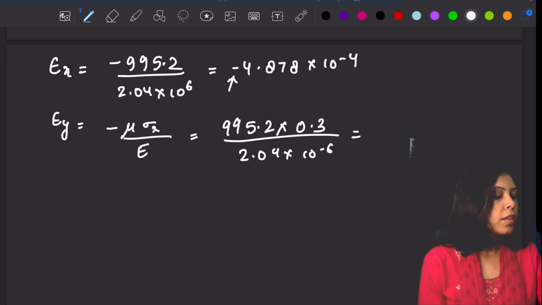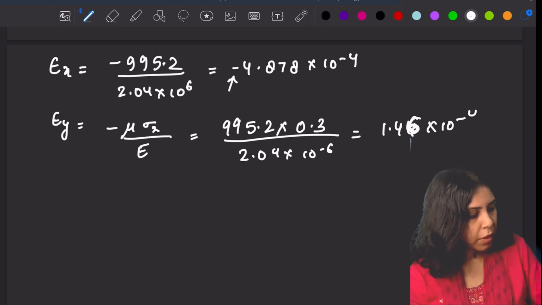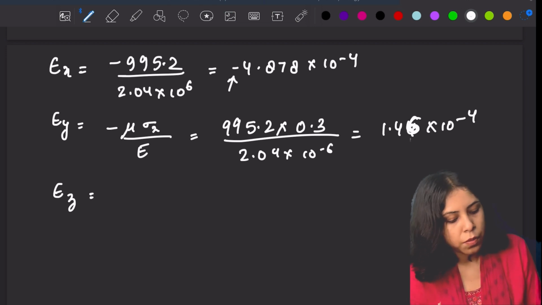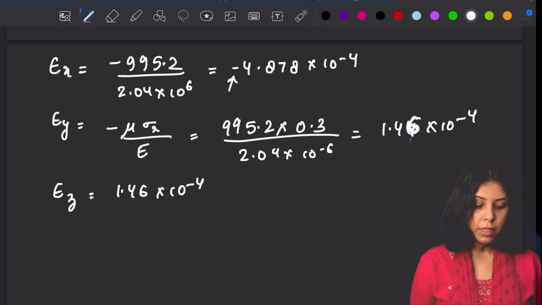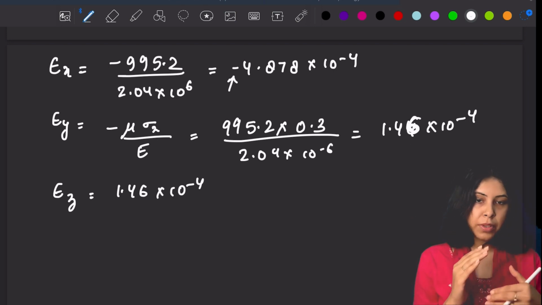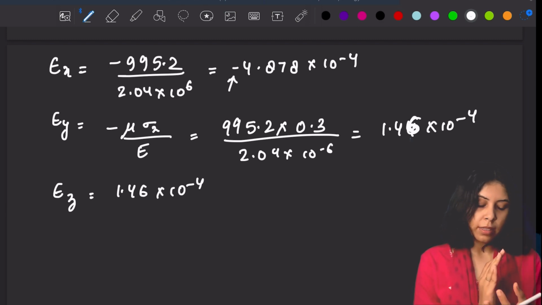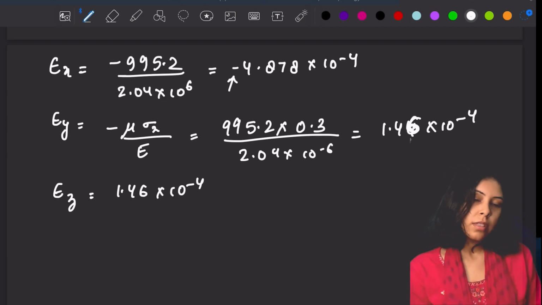That is equal to, I have calculated, 1.46 into 10 to the power minus 4. And the similar value will be for epsilon z also, 1.46 into 10 to the power minus 4. As you can see, the answers are positive. That means while in compression, the lateral dimension will increase and the longitudinal dimension will decrease. So the lateral strain is positive.